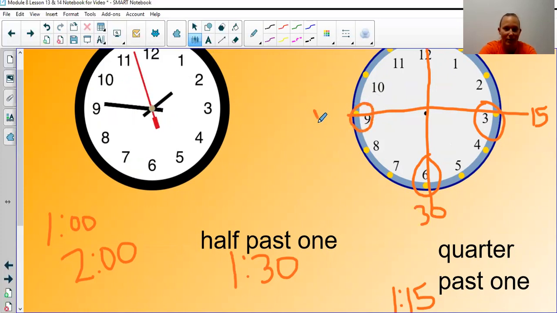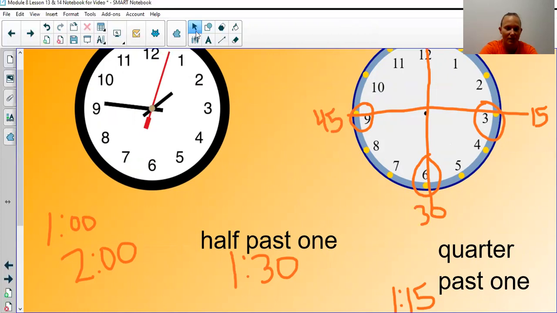Okay, the 9 represents 45 minutes. So when we're talking about going 3/4 of the way around the clock, we only have 1/4 left to get to 12, or back at the 12 at the new hour. So we call this quarter till.